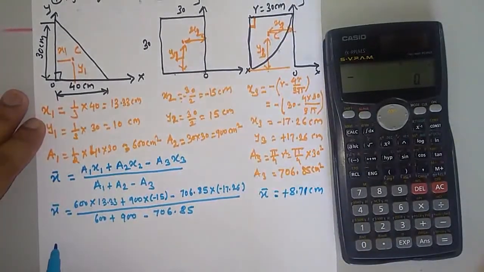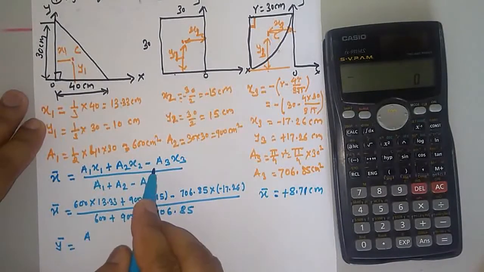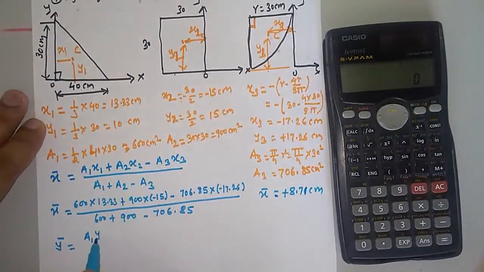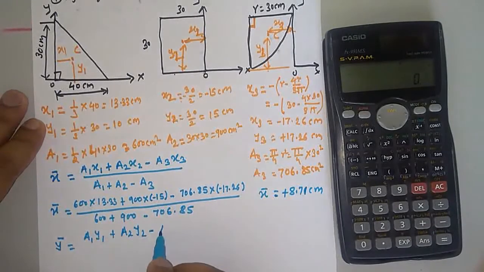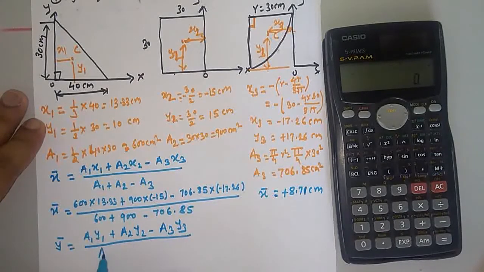Okay, now y bar: replace x by y. a1 y1 plus a2 y2 minus a3 y3 divided by a1 plus a2 minus a3.